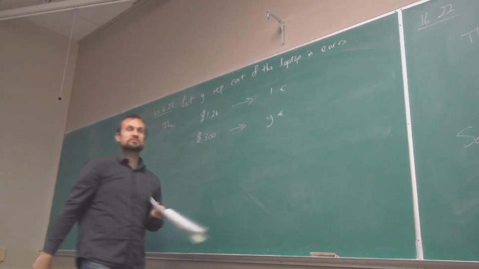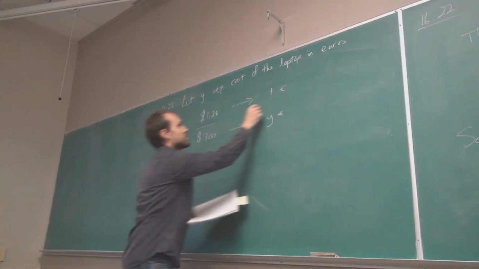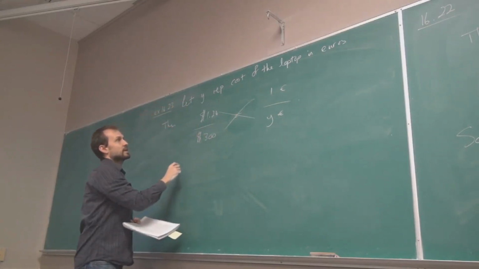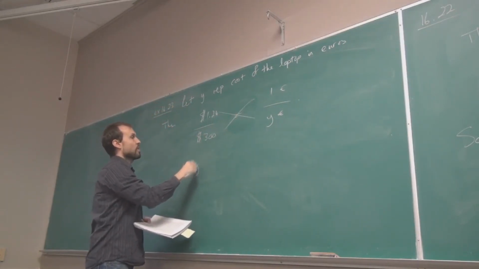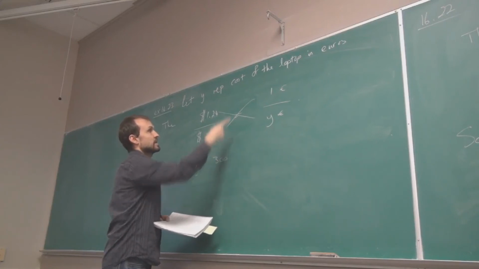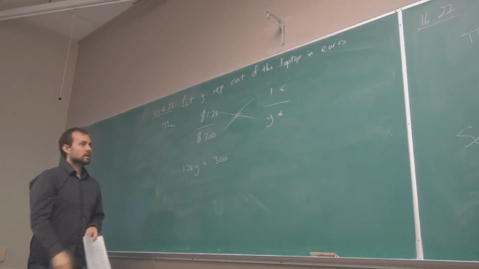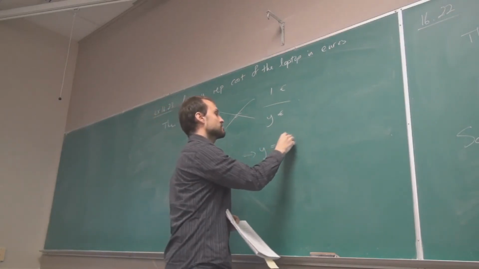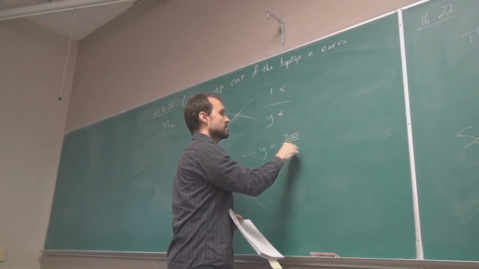Then I create my ratio equation, so easy, cross multiply, and I get 1.24Y equals 300 times 1. So in this case, based on how the information is given, I should be dividing.